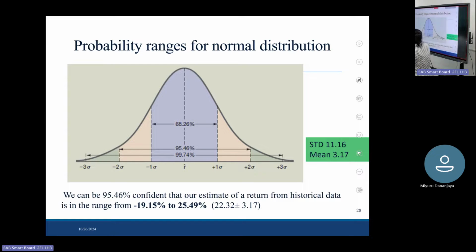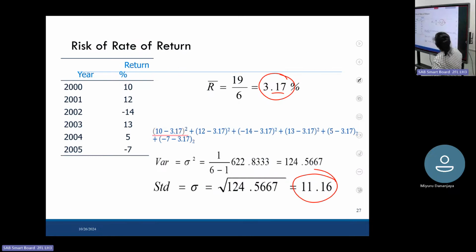You can tell we have 95.46% confidence that our estimate of the return from the historical data ranges within 2 standard deviations. The standard deviation is 11.16. This is the average.